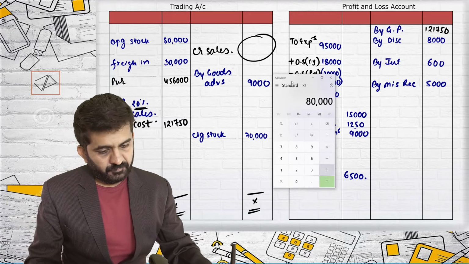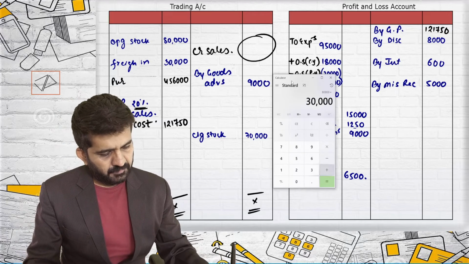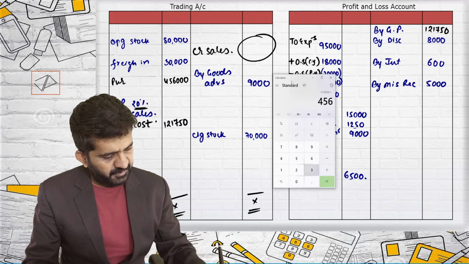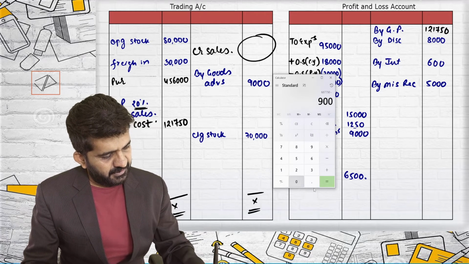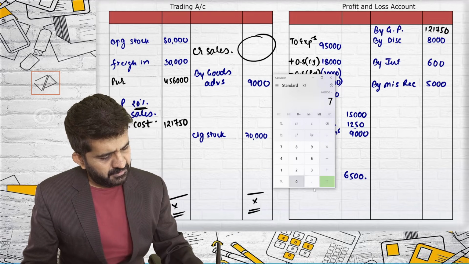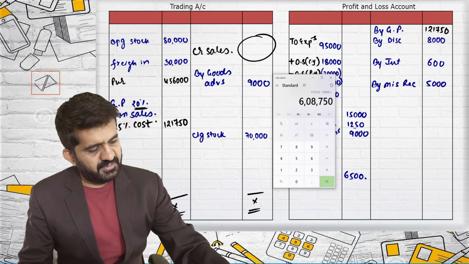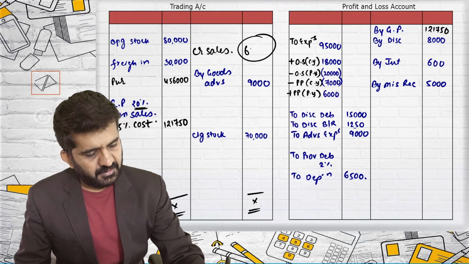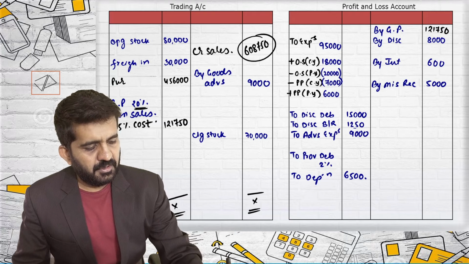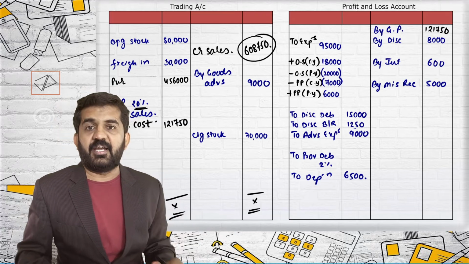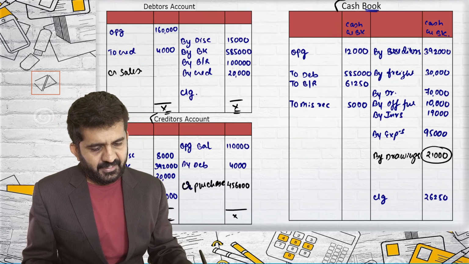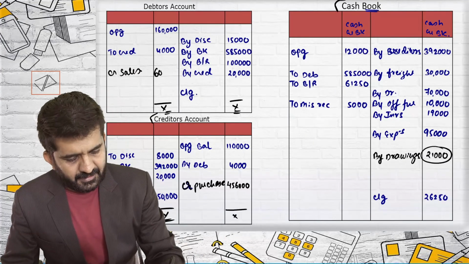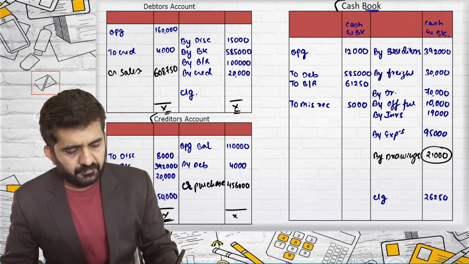80,000 plus 30,000 plus 4,56,000 plus 121,750 minus 9,000 minus 70,000 will be 6,08,750. 6,08,750 will be credit sales. Second effect, debtors account debit side, 6,08,750.